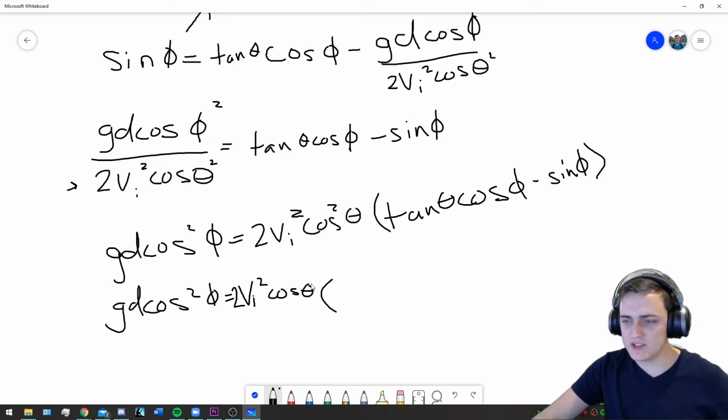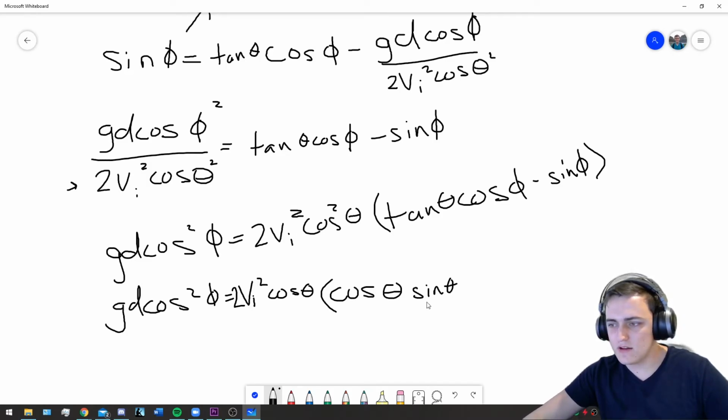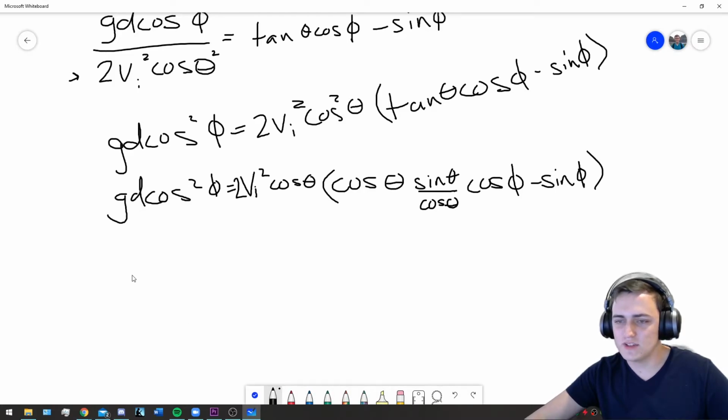What we're going to do is just take one of those cosine thetas and multiply it into that expression. The reason why is, well, we're going to have cosine theta, and we're going to have sine theta over cosine theta, and we're just breaking that tangent apart. We have cosine phi minus sine phi. So we've broken that tangent apart. Now we can see those two cosines are actually going to cancel out.